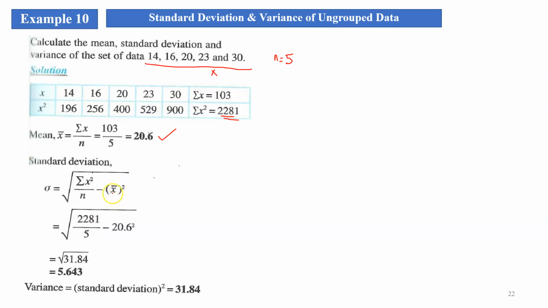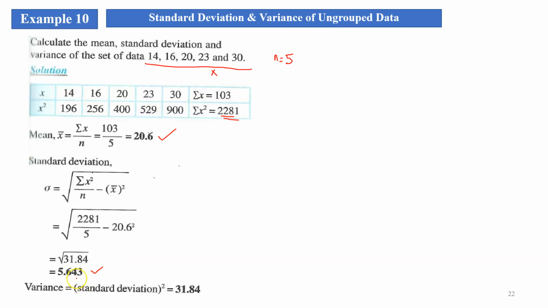So of course you need to find your mean lah. We already found our mean over here, 20.6. Then don't forget to square it. You calculate yang dekat dalam ni dulu, dapat answer, then only you square it. Then only you square root kan dia. So you get this answer.